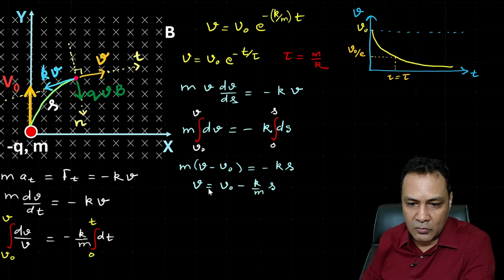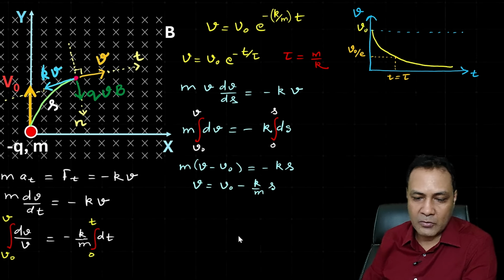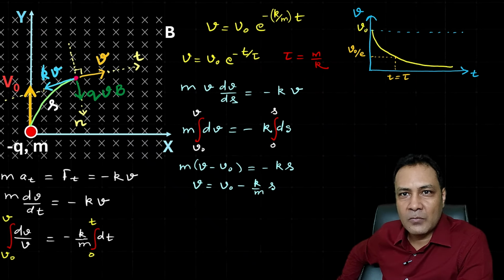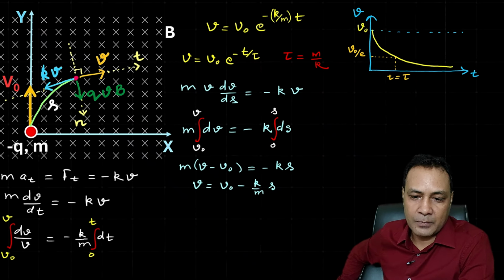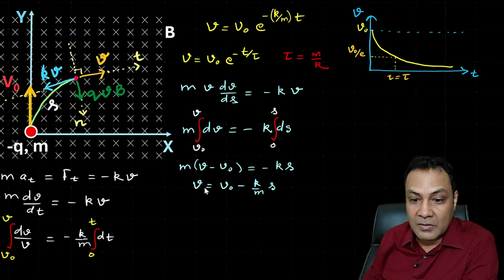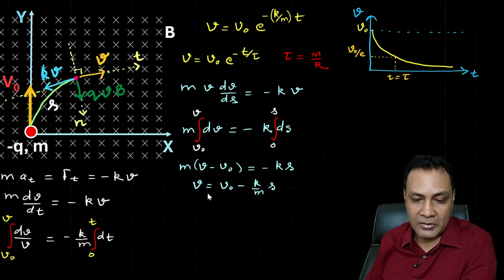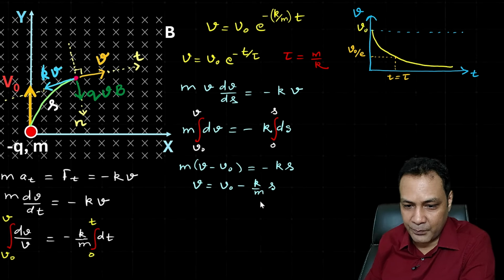So v is equal to v naught minus k by m times s. So that is one interesting thing: with time the speed varies exponentially, with s the speed varies linearly. As s is increasing, v is decreasing. So that is a linear variation.